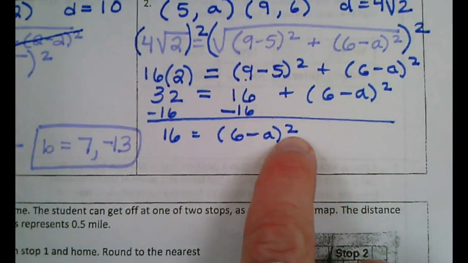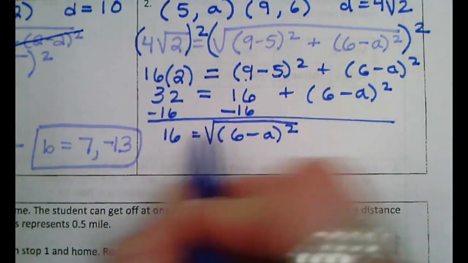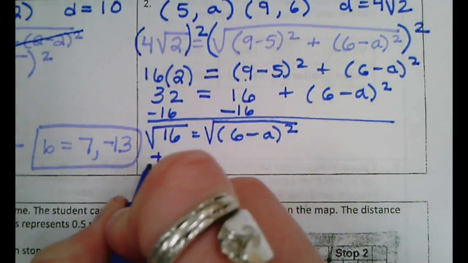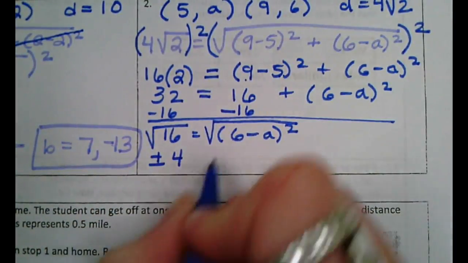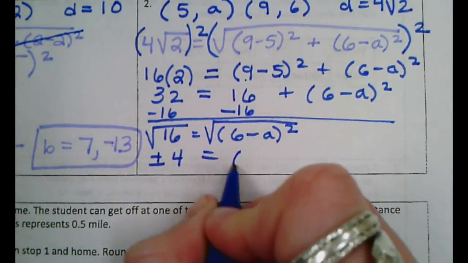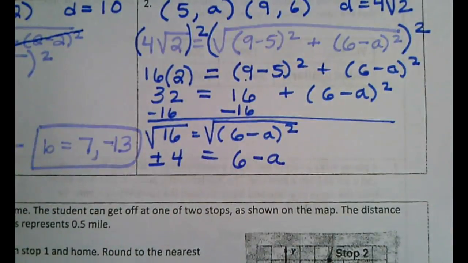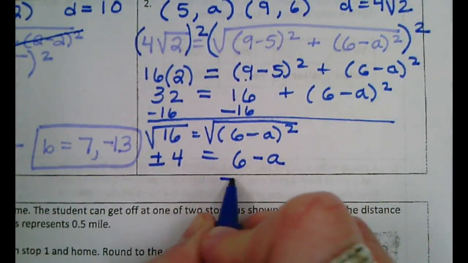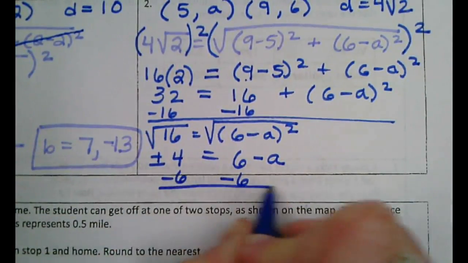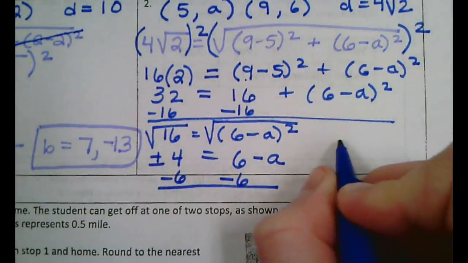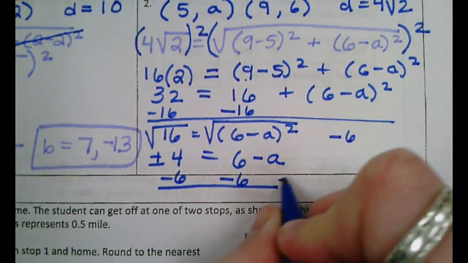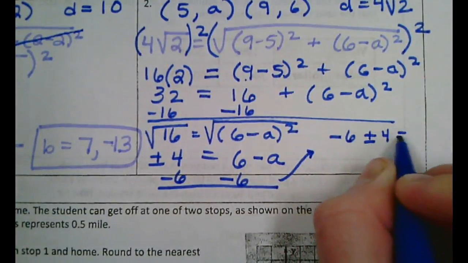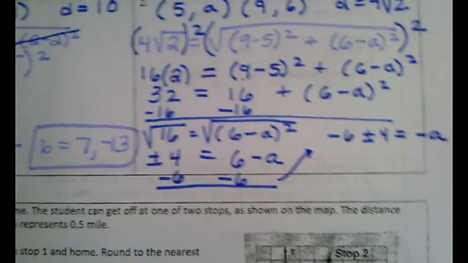The inverse of squared is square roots. Since I am solving, I'm going to do plus or minus 4 for the square root of 16, and this will cancel the squared to leave 6 minus a. Next, I'm going to subtract 6 from both sides, and I have negative 6 plus or minus 4 equals negative a.